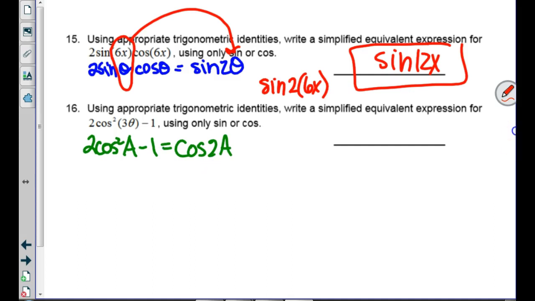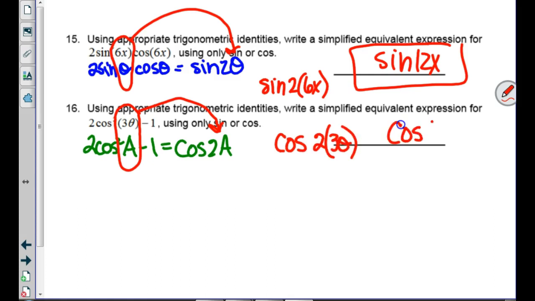So in place of a or theta, what are we going to use? 3 theta. So it would be the cosine of 3 thetas, or the cosine of 6 theta. And you can put parentheses or not. It isn't going to matter to me.